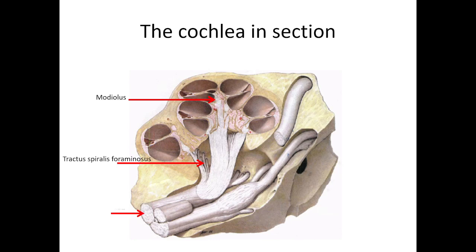So here it is, nervus cochlearis, and here it is, nervus vestibularis. Together, nervus cochlearis and nervus vestibularis. What shall we write down now? Surely, nervus vestibulocochlearis, eighth pair of cranial nerves.